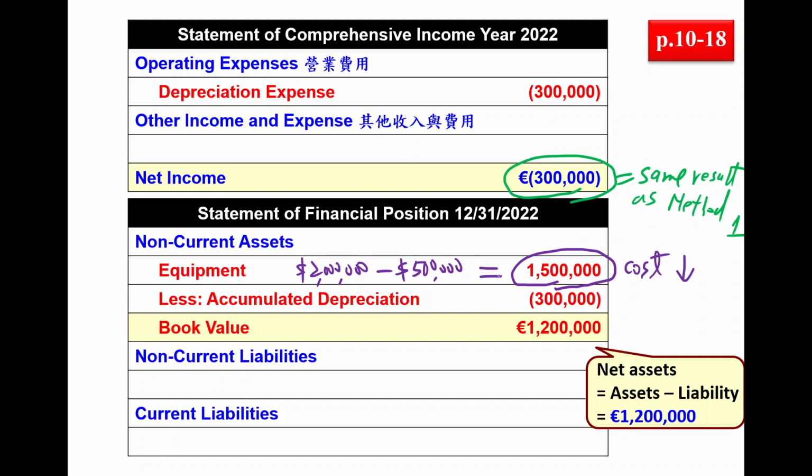So did you find out the second method made your cost decrease? It also made your depreciation expense decrease, right? Because when cost decreases, depreciation expense will decrease. So $300,000, still only for 1 year.